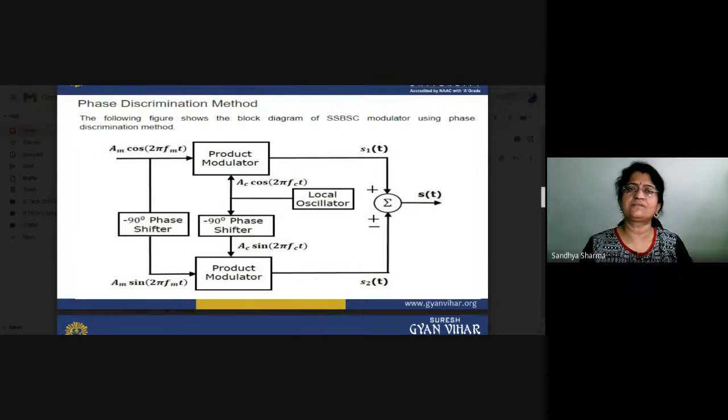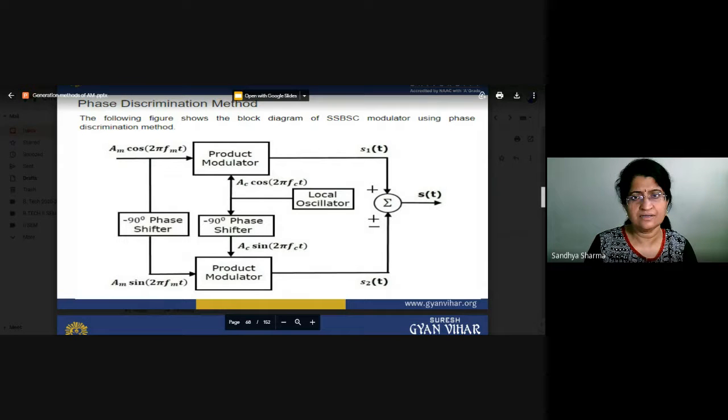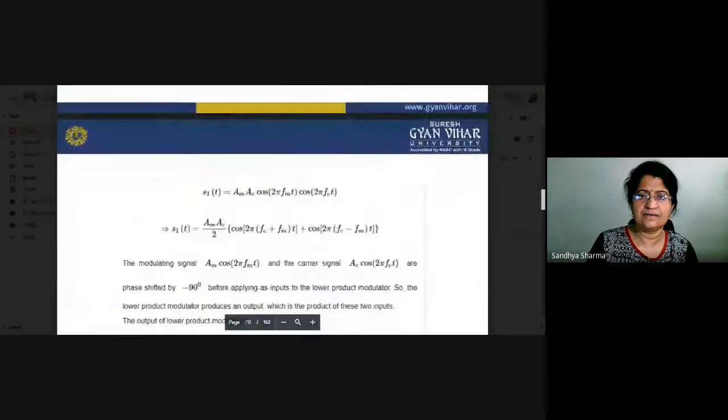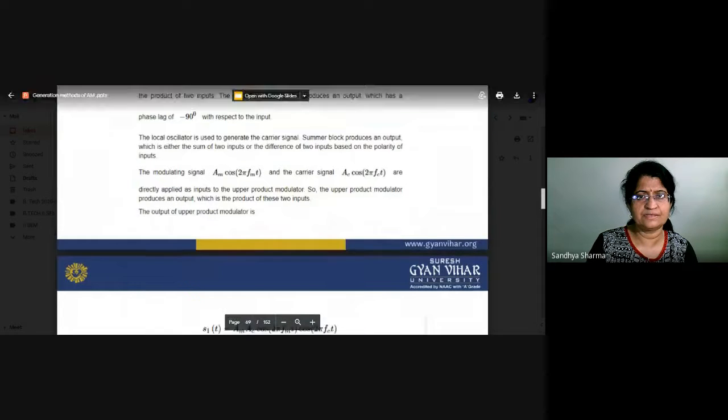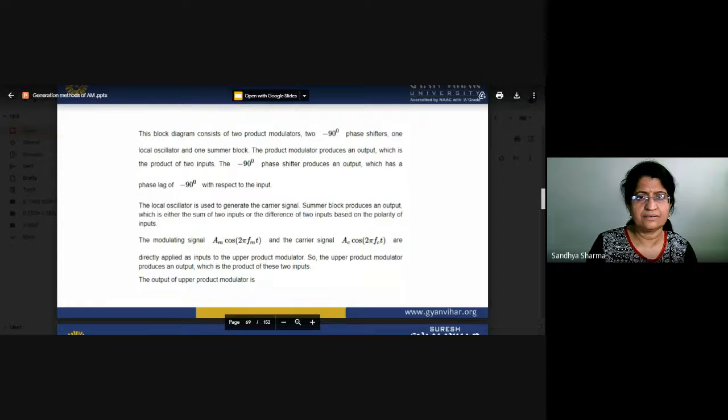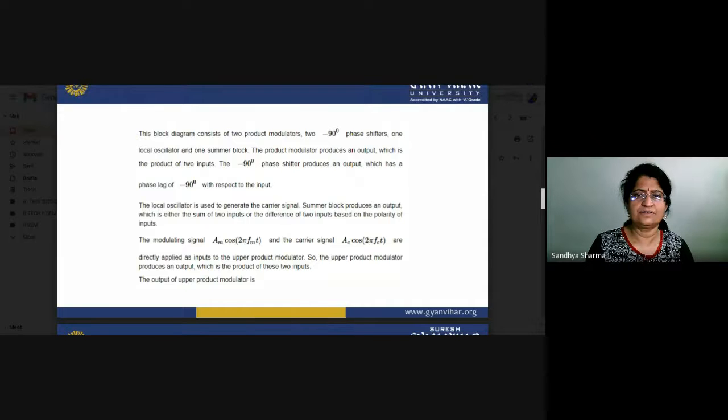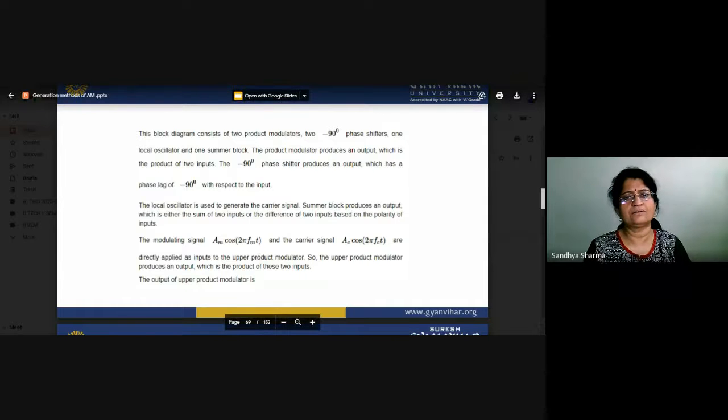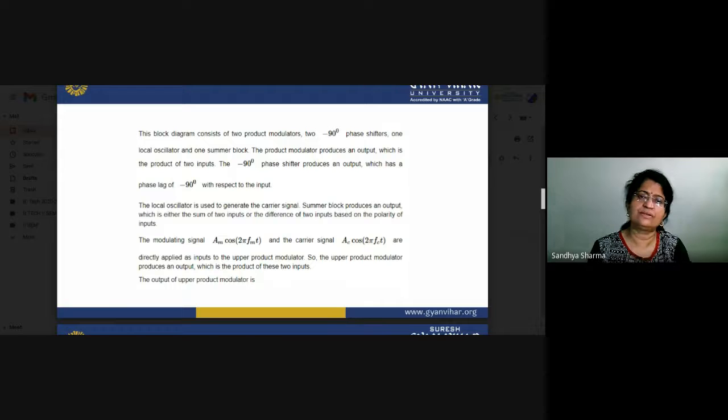If we are talking about the phase discrimination method, here we are using two product modulators, and we will generate the s1(t) and s2(t) signals, and these are added at the last point. So this is the basic requirement. By using the 90-degree phase shifting, as I have already told you, the oscillator will work out, and we will calculate this.